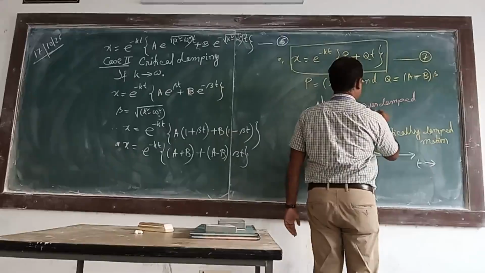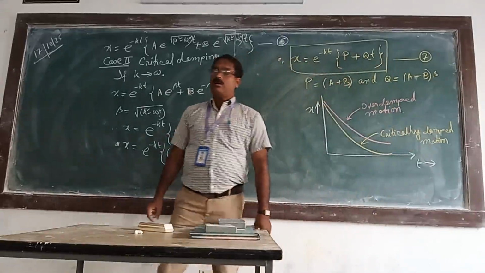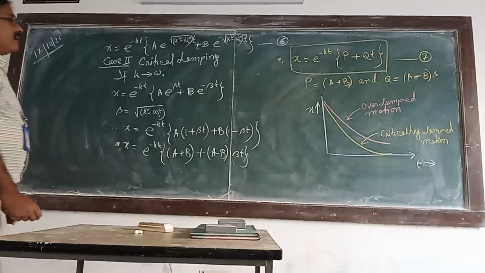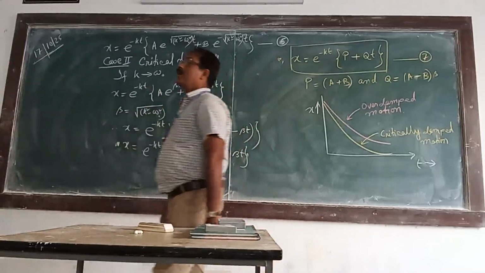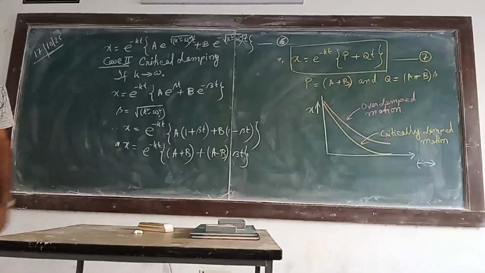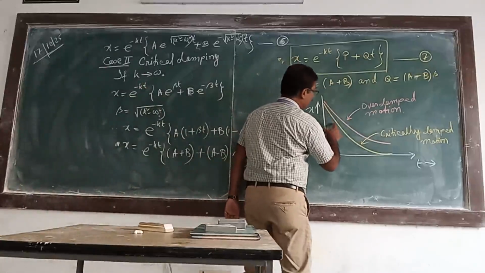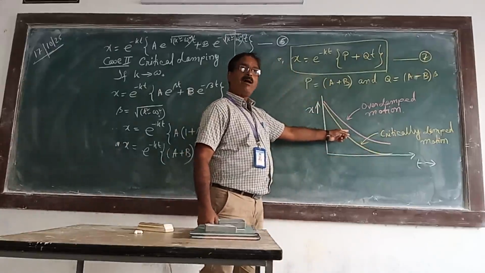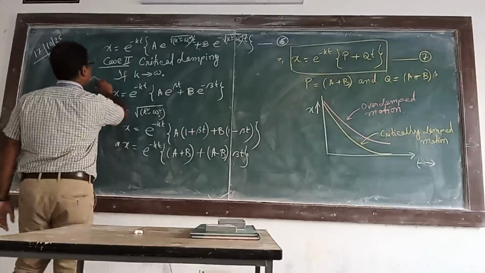It may be given in the exam, so you have to draw this graph: the decay of displacement with time for critically damped motion and over damped motion. You can see that the critically damped motion decays more rapidly than the over damped motion. That is the common graphical representation.